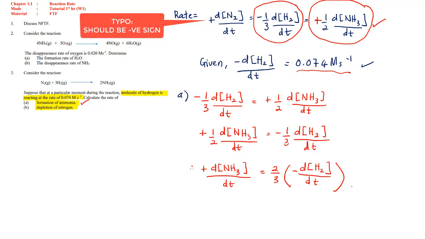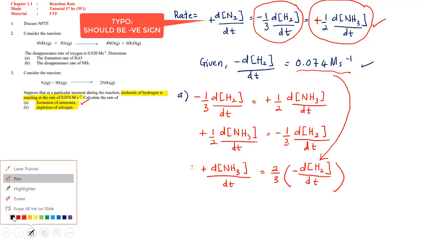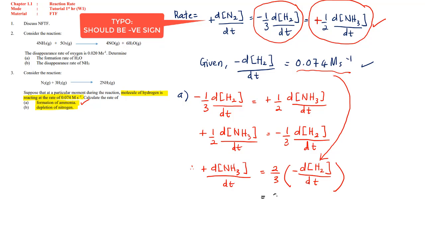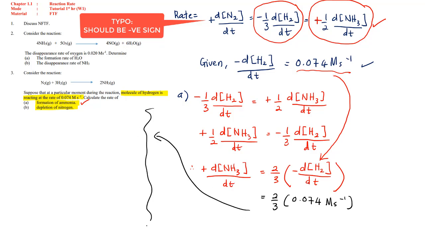Kadar pembentukan ammonia adalah 2/3 kali ganda daripada kadar pengurangan hydrogen gas. So ini nilainya. So now substitute the value. So 2 over 3 times 0.074 molar per second. Okay, tak muat, so saya bawa sebelah sini ya. So saya bawa sebelah sini lah jawapan dia.